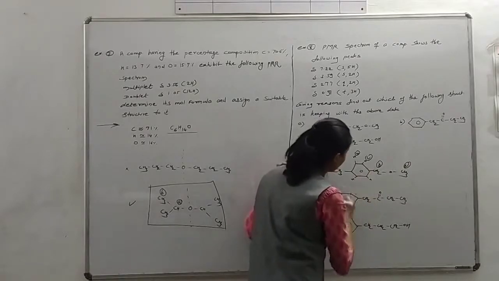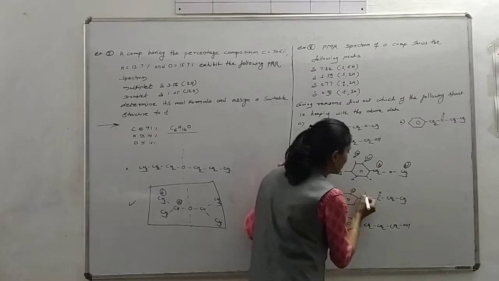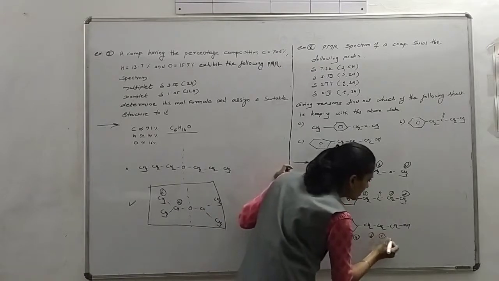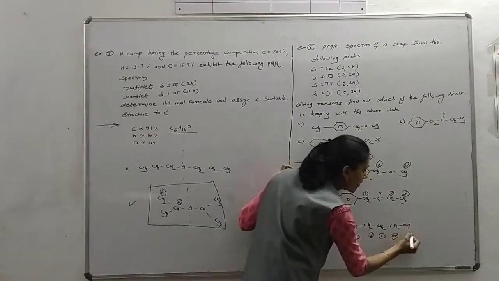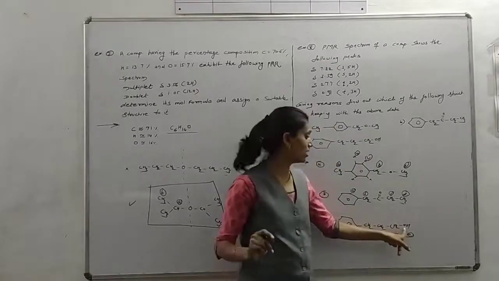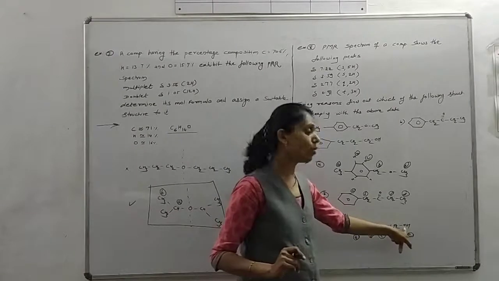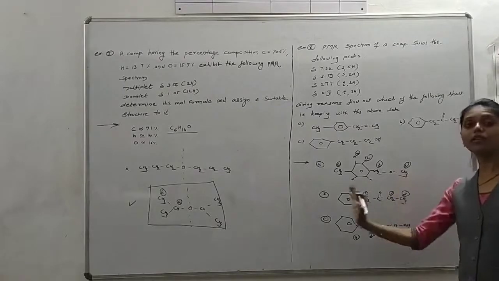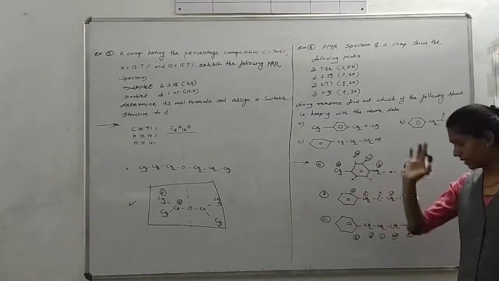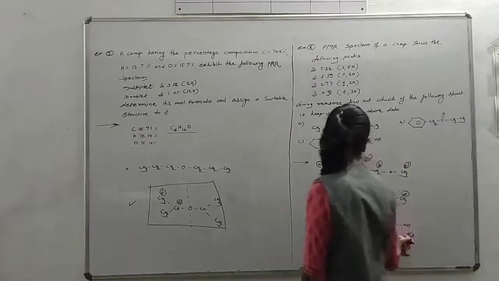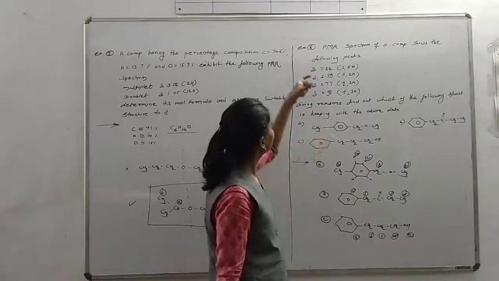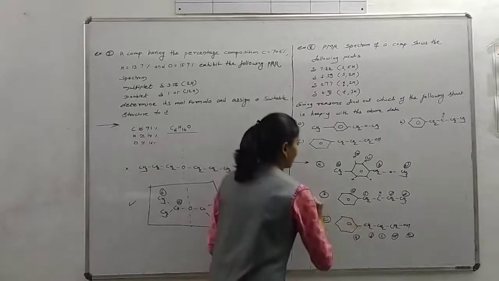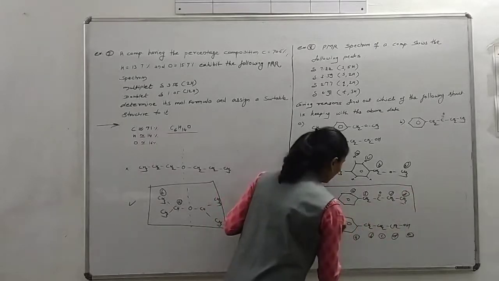So 1 signal for this aromatic region, we consider here A, B, C, D. Again here A, B, C and D. And this proton is E. Since the OH is there, hydrogen is attached to oxygen of the hydroxyl group, so it is at a more downfield direction, near 8 to 9. Near about 9 is the chemical shift for the OH group. Okay, but in our data there are only 4 signals.